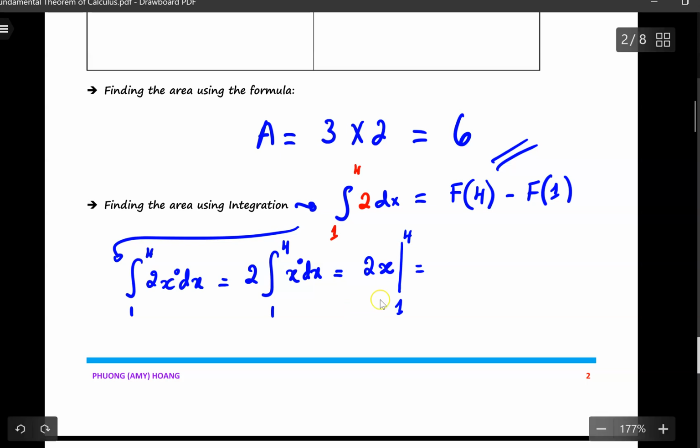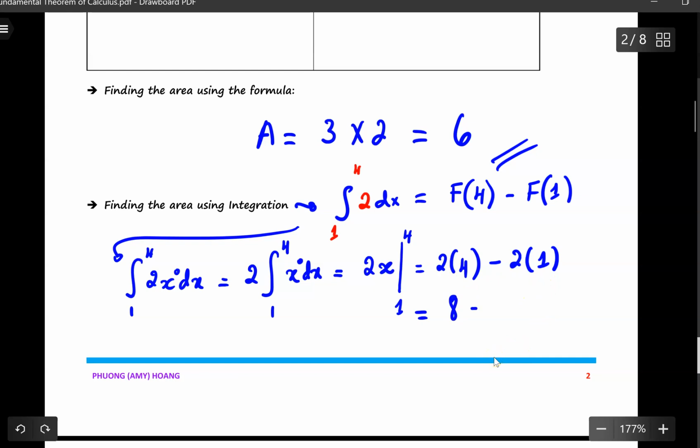So it means my capital F now is equal to 2x. Where the values of x, I will substitute the exact value given. So I will take 2 times 4, and I subtract the capital F of 1, which is also 2x, but I substitute the value where x equals 1, so 2 times 1. Now apply back math, so you multiply first and then we subtract.